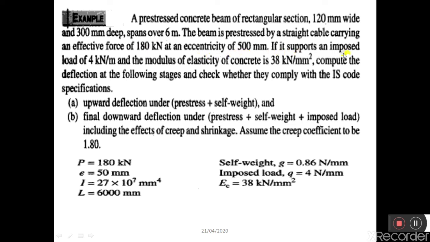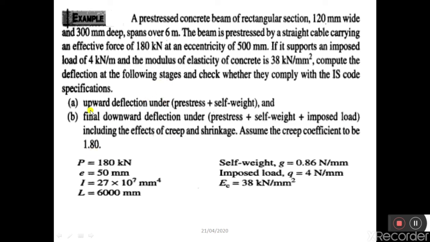If it supports an imposed load of 4 kN per meter and the modulus of elasticity of concrete is 38 kN per mm square, compute the deflection at the following stages and check whether they comply with IS code specification. The first case is upward deflection under pre-stress plus self-weight, and the second case is final downward deflection under pre-stress plus self-weight plus imposed load including the effect of creep and shrinkage. Assume creep coefficient to be 1.80.